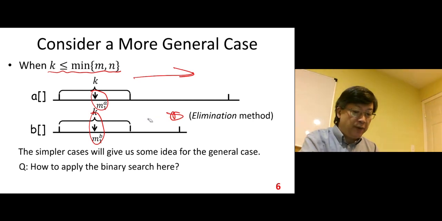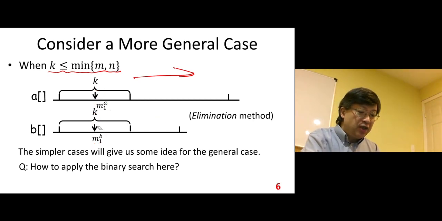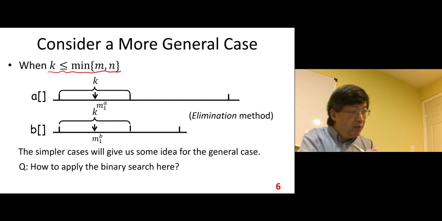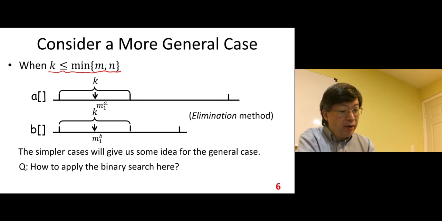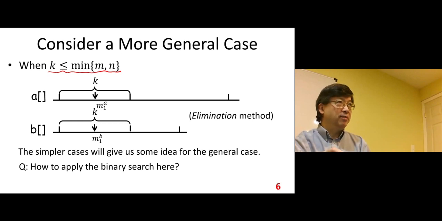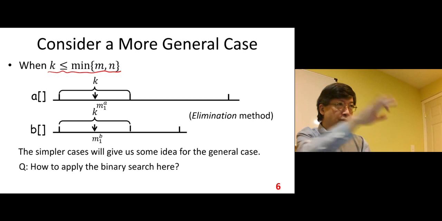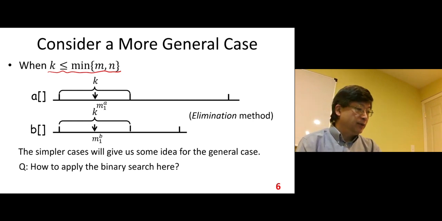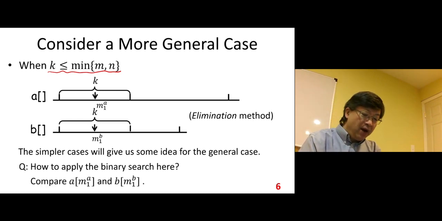All right. So we select the middle elements M1A and M1B. This is binary search, because we select the one in the middle of a sorted array. Then we compare them.